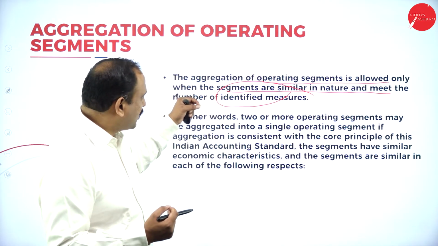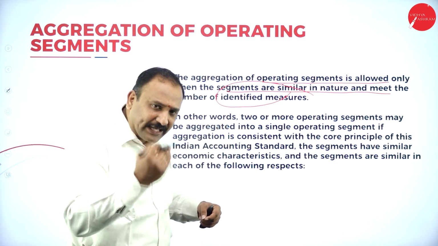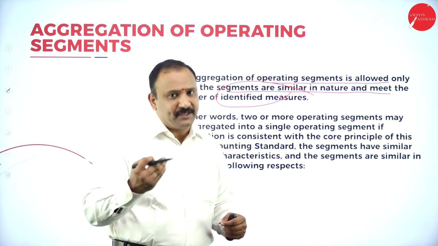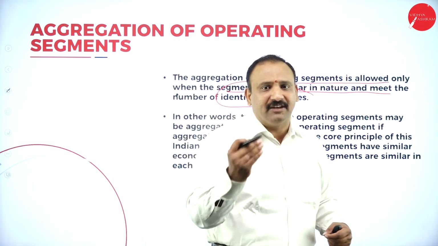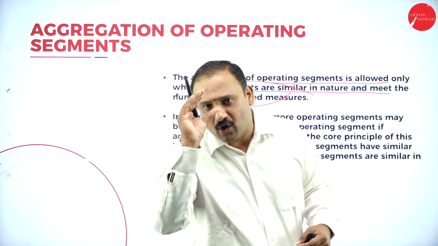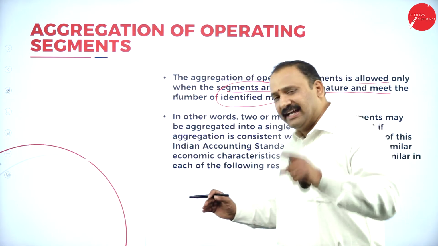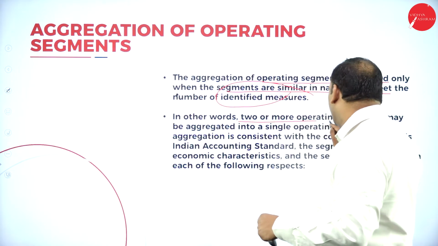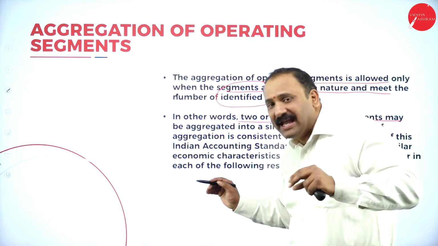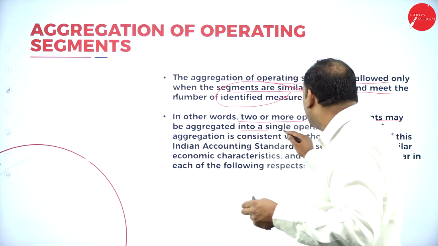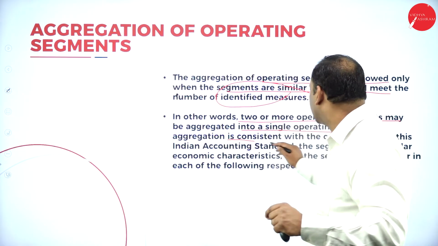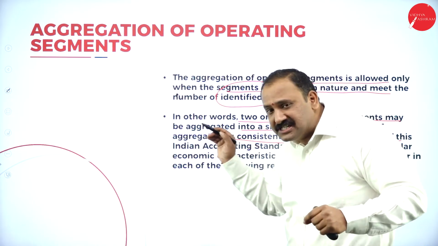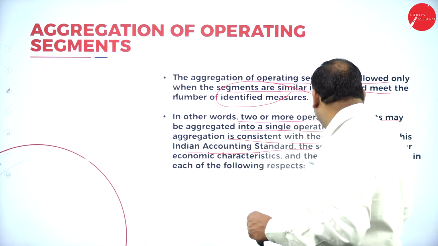So the first thing we try to do is identify the operating segments based on certain parameters which can give a composite rating altogether. In other words, two or more operating segments may be aggregated into a single operating segment if the aggregation is consistent with the core principle of the Indian Accounting Standard.